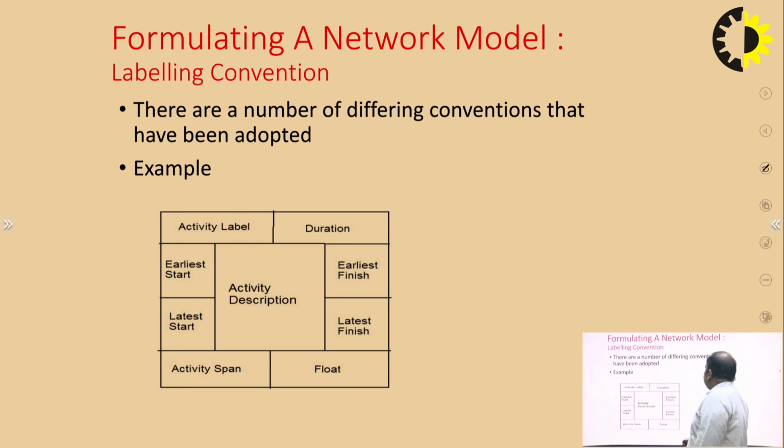In the labeling convention, the activity description is divided into 9 boxes, and this is the standard naming convention which we adopt, in which the first label is about the activity, the second label is about the duration, the center is the description of that activity, the left hand side is the earliest start and the latest start, the right hand side are the earliest finish and latest finish, and at the bottom we have activity span and float.